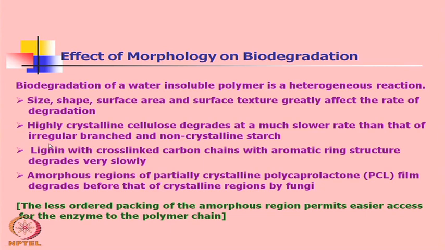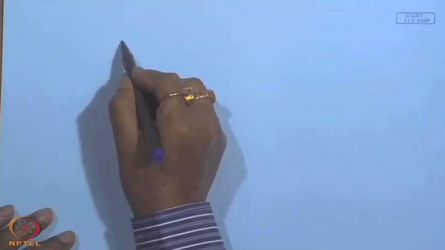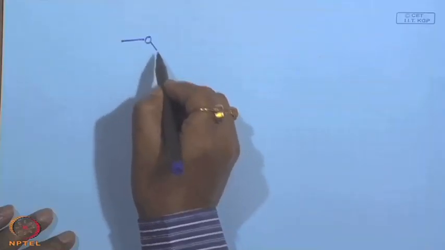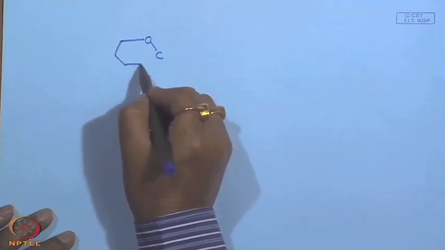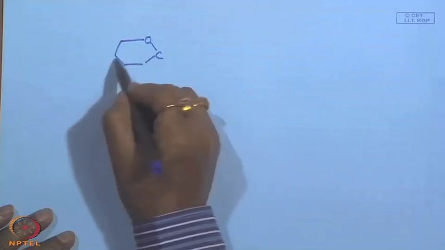Highly crystalline cellulose means that the cellulose molecule looks like this. So, these are all carbons.